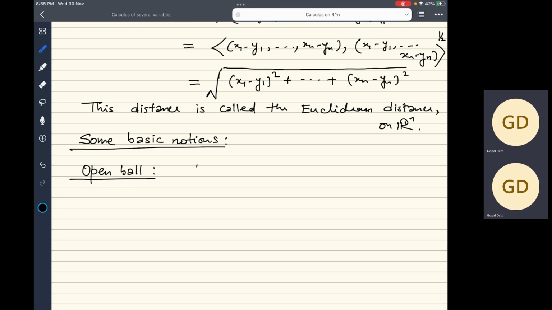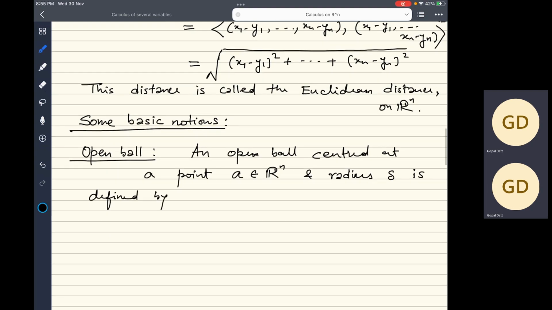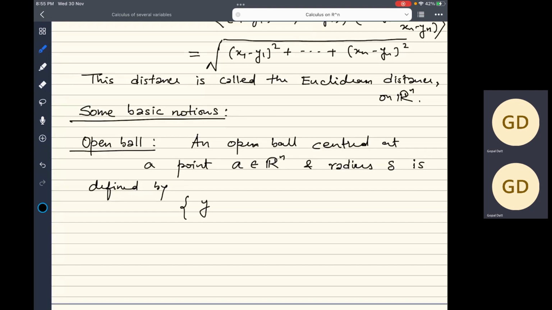An open ball centered at a point, say A, in Rn, and radius, say delta, is defined by the set of all those points of Rn such that distance between y and A is less than delta.